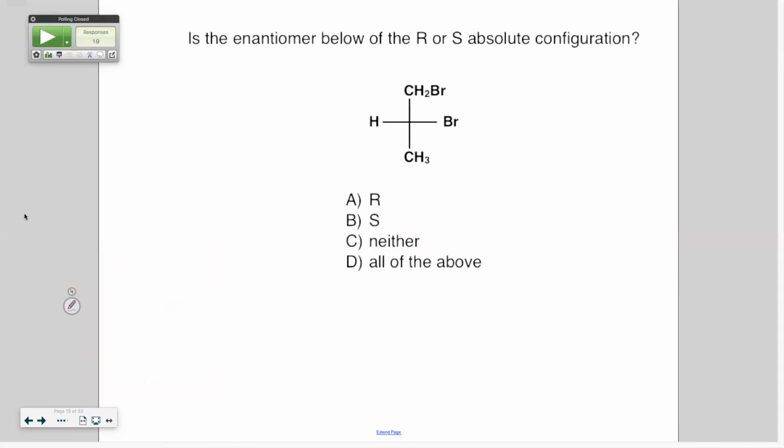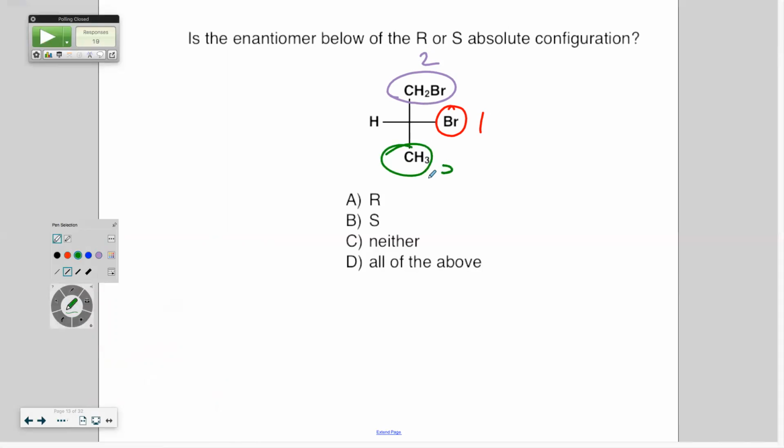Okay, so which one up there is 1? Okay, who's 2? This one's 2. Who's 3? And then that poor little hydrogen is 4. Okay, so what does the picture mean?